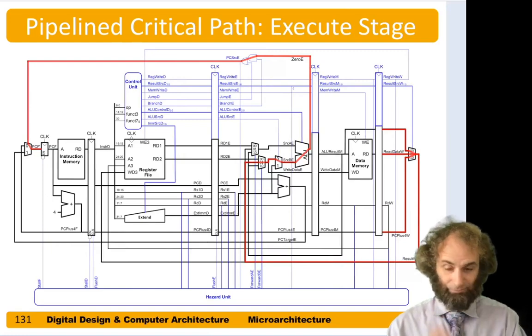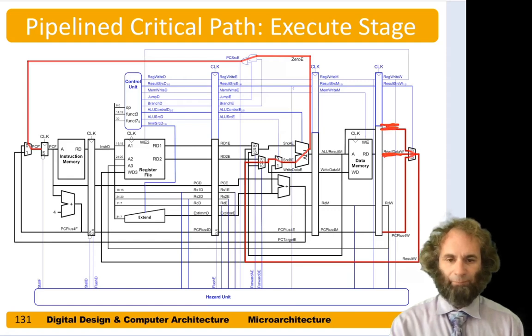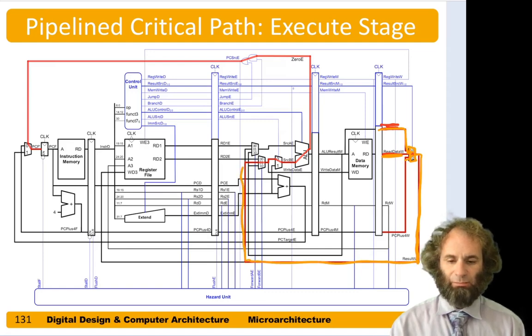So here we have, let's say we need to forward a value to a branch instruction. So the source is coming from the pipeline register here, either one of these. It goes into a mux, the result mux. We get that result value. Now let's say we needed to forward it, so it has to come up through one of the forwarding muxes.